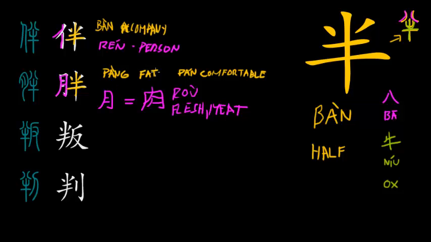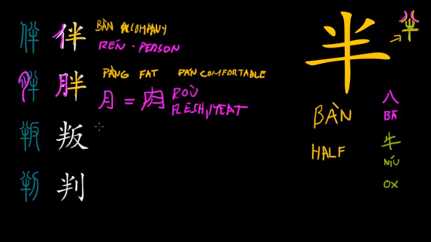It's pang, fat, flesh, meat, that's why it's in there. And if you look at the seal script version of the character, you can still see this element over here is the full seal script form of this character over here. So it didn't change. In the seal script, it still preserved its full form, even as a semantic element, as a radical in other characters.